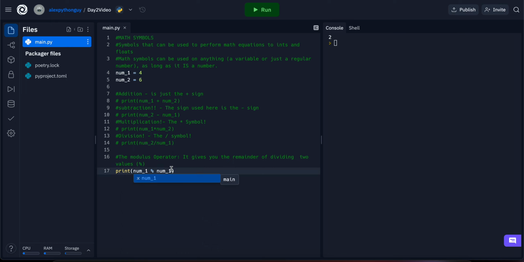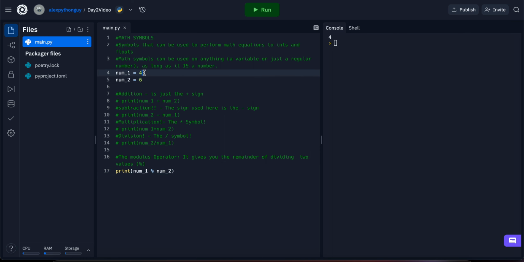Now, let's try switching this. We get 4, because 6 doesn't go into 4. Therefore, if the second number is greater than the first number, we just get the first number with the modulus operator.